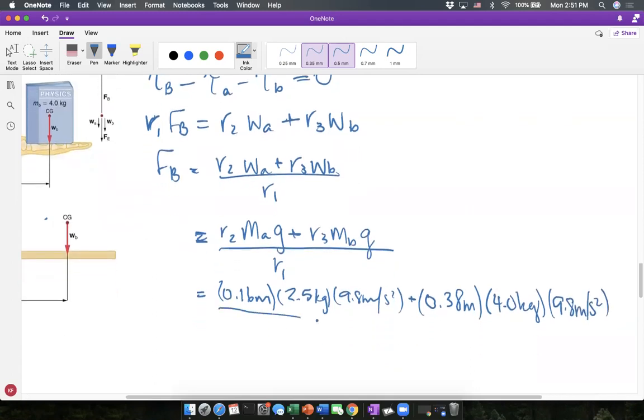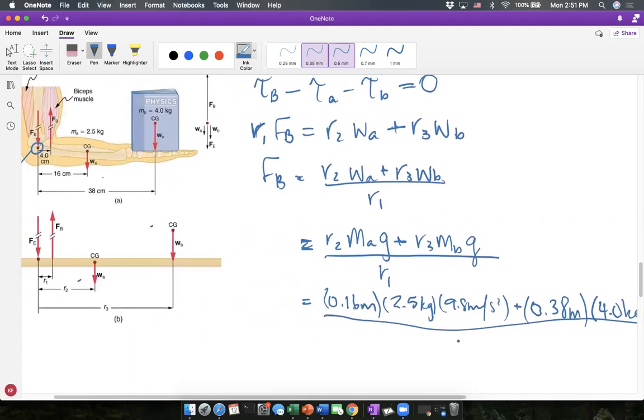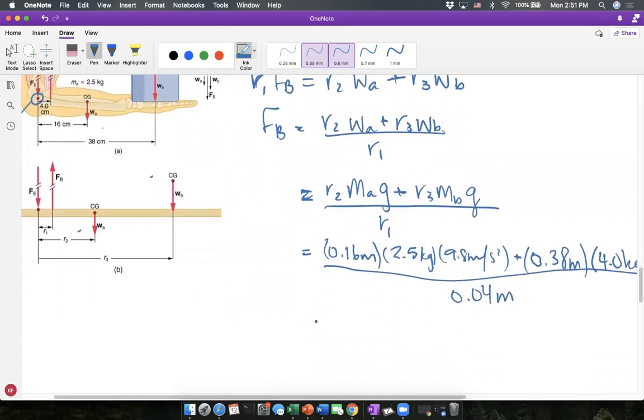And that's all going to be divided by our R1, which is 4 centimeters or 0.04 meters.